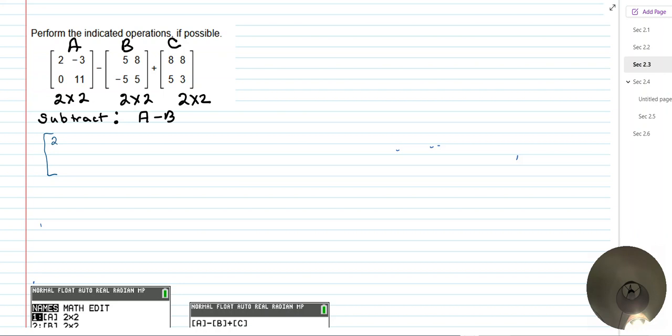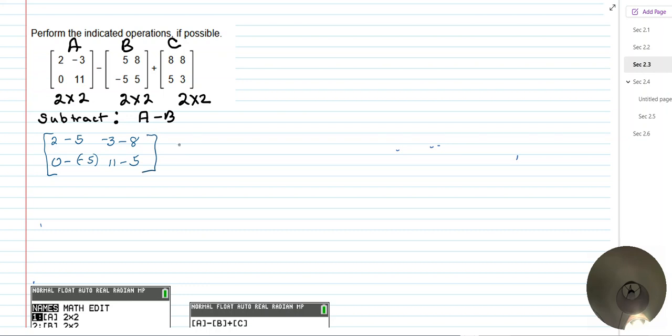I'm going to have a 2 minus a 5, and then a 3 minus an 8. That's the first row of A and B in the subtracting process. 0 minus a negative 5, and then we have 11 minus a 5.